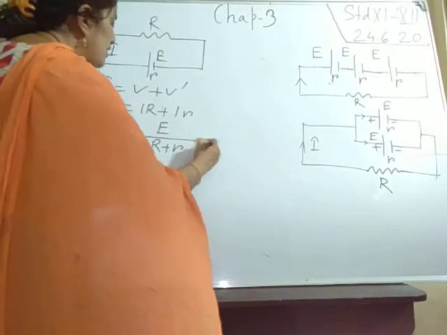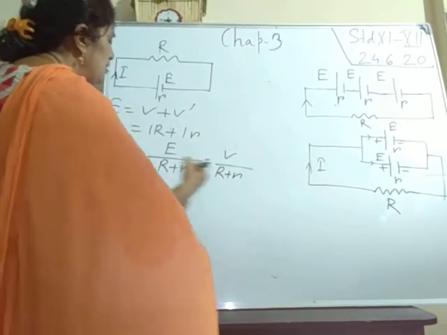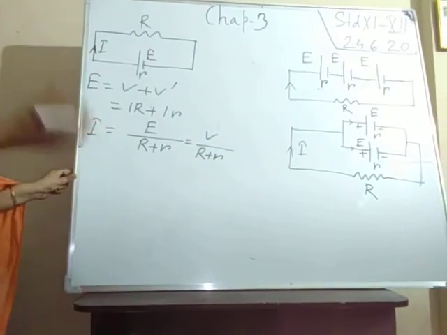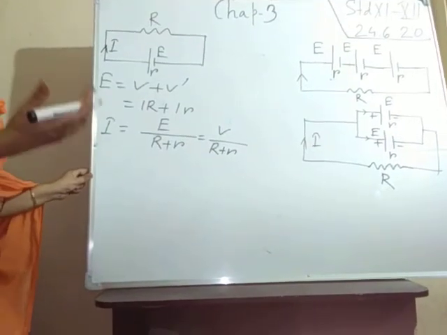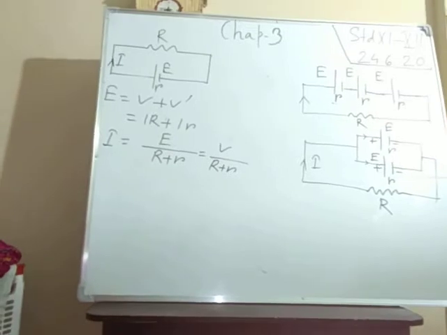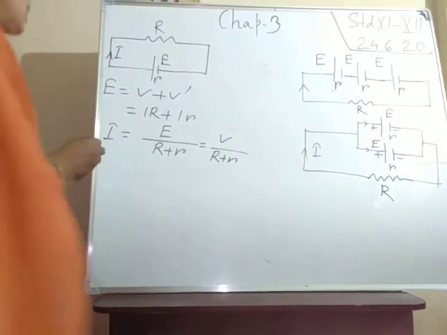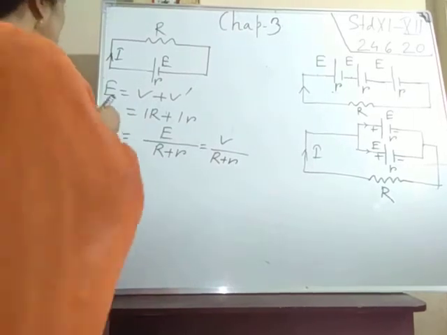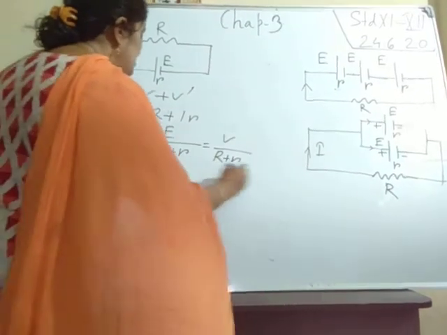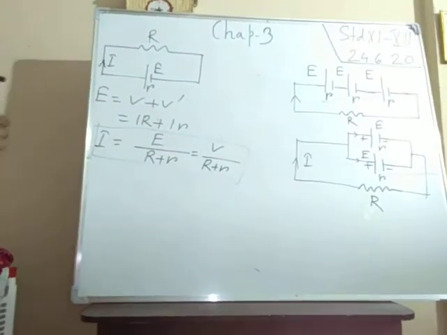You can also write it as V by R plus r. It will not be wrong, because E and V are literally same, that is voltage. So when internal resistance is given in any circuit, that time you will use this formula. That's why I kept it in this box. You must memorize the formula. Okay.